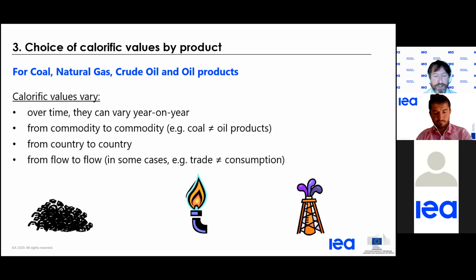For natural gas and crude oil, specific factors again are used for production and for imports and exports. And again, these are based on consultation with experts in national administrations. And for oil products, the IEA applies regional calorific values.